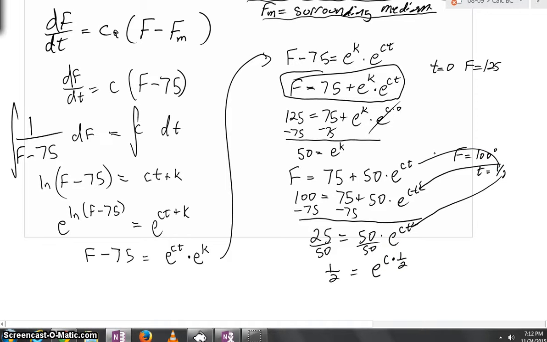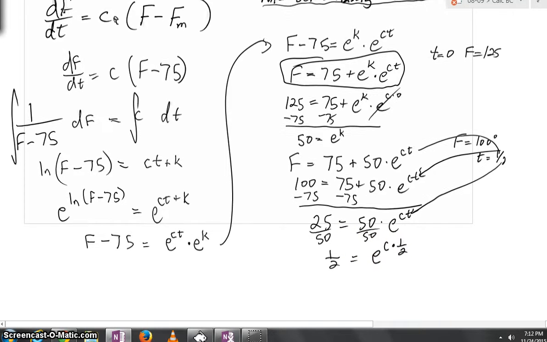We can essentially say now that we have e to the c times 1/2 is equal to 1/2. Well, what I'd really like to do is solve for e to the c. So what we can do on both sides right now is simply square. And when you square, 2 times 1/2 is just going to be a 1, so you'll just have e to the c.